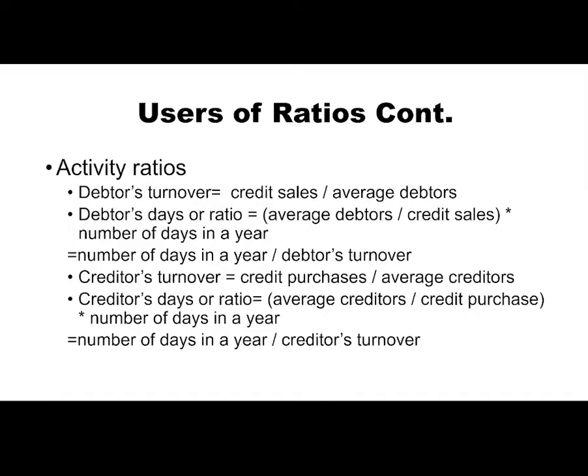So we have the average debtors, we divide by the total credit sales, and we multiply by the number of days in a year, and we get the debtors days. Also, we can take the number of days in a year and divide by the debtors turnover, if you have already gotten the debtors turnover.